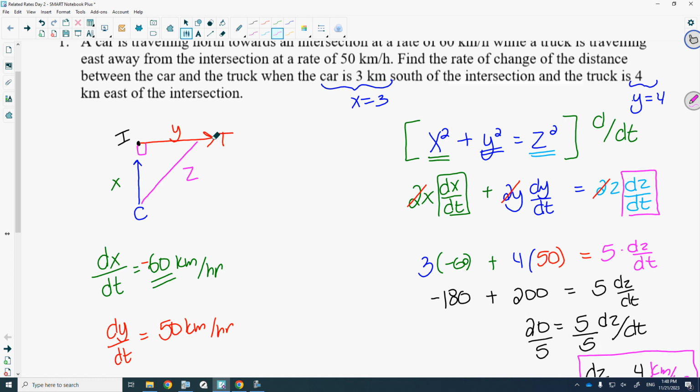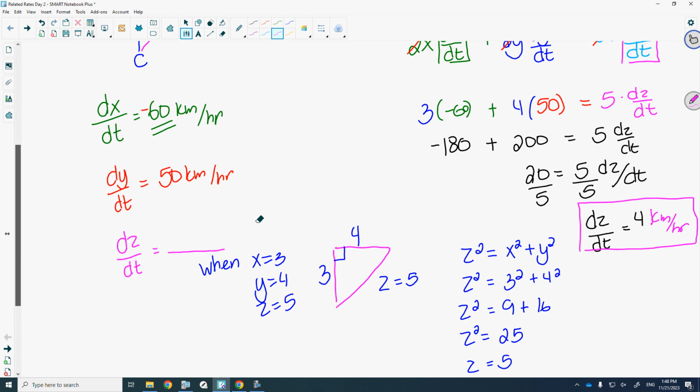The truck is moving away at a rate of 50 kilometers per hour. The rate of change of the distance between the car and the truck is changing at a rate of 4 kilometers every hour. So every hour they're getting 4 kilometers more apart from each other. Okay, that is how the rate of change between the two vehicles is changing.